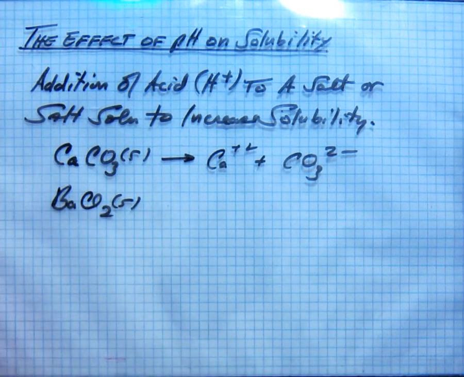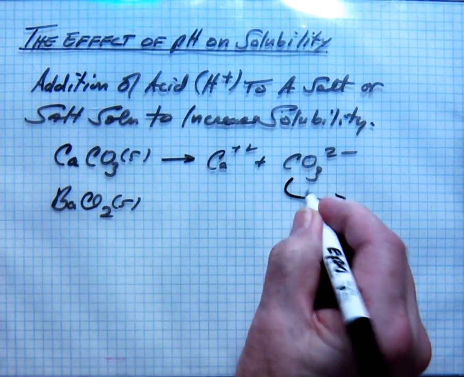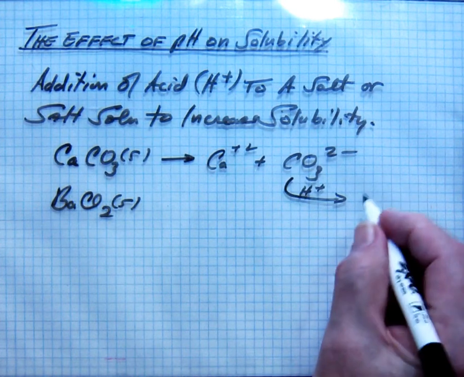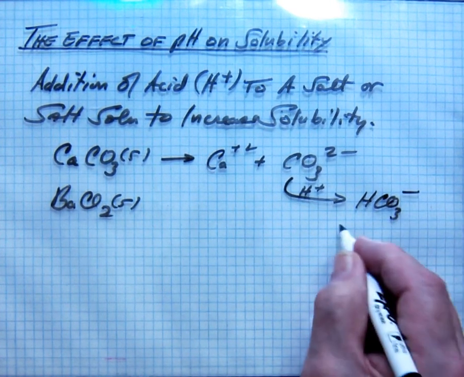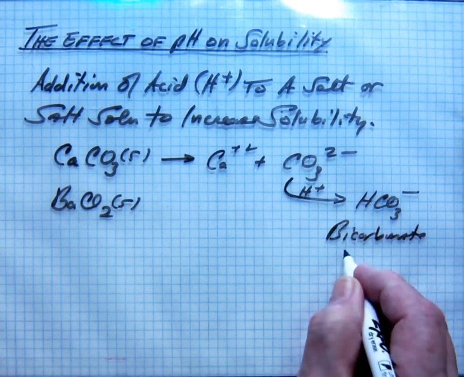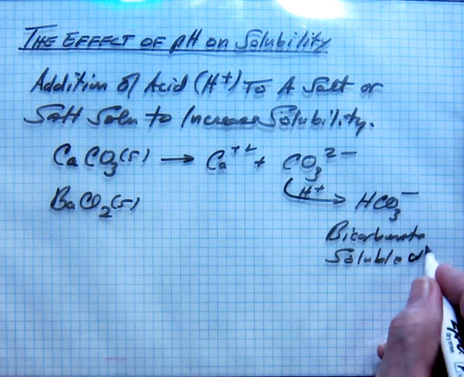Now, one way to get rid of it is to run an acid through it. It's because if you add an acid to it, you're adding H plus to that. And H plus will connect to the CO3 and become a bicarbonate, HCO3, which is a soluble weak acid.